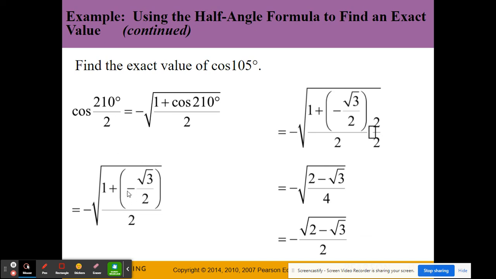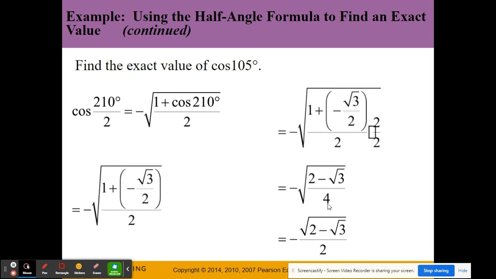And then the left side here is what was on the previous slide. You have the opposite of the square root of 1 plus negative root 3 over 2, over 2. That just needs to be rationalized. So we're multiplying numerator and denominator by 2. So you end up with, well, distributing the 2 in the numerator, and then 2 times 2 is 4 in the denominator.